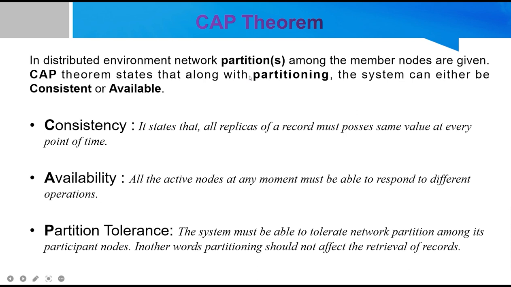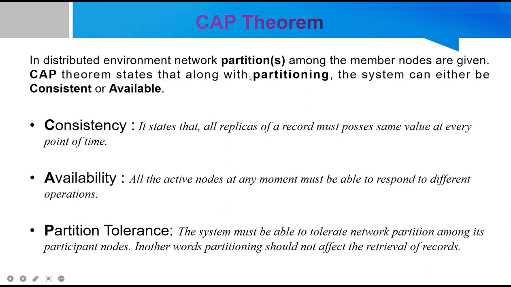Consistency, again in the case of a distributed environment, means that if we have some piece of information on one system, its replica must be available on some other system, so that we can get access to that information positively, and our system becomes more available to the user.